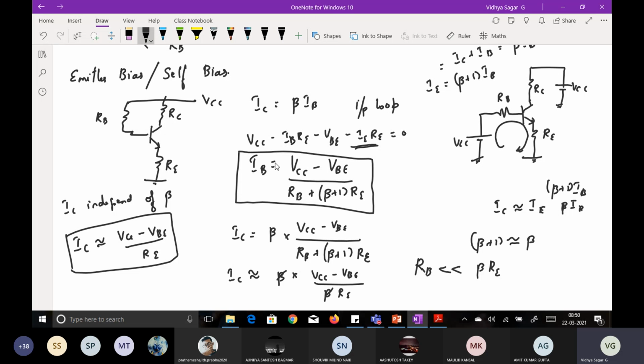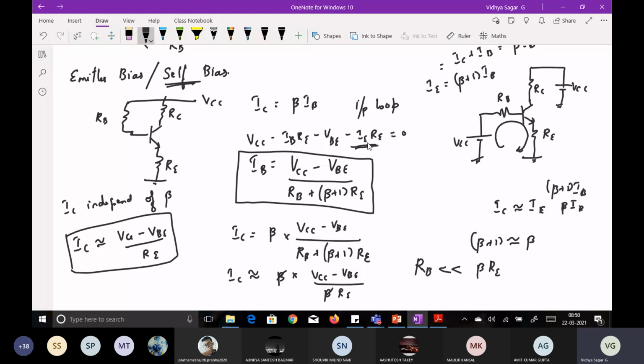So whenever there is an increase in IC, the same amount of current will decrease in IB. So accordingly, IC also will be decreased. So this is why we call this self bias. The resistor will make sure that there is a drop in your current, because I'm using an emitter resistance.